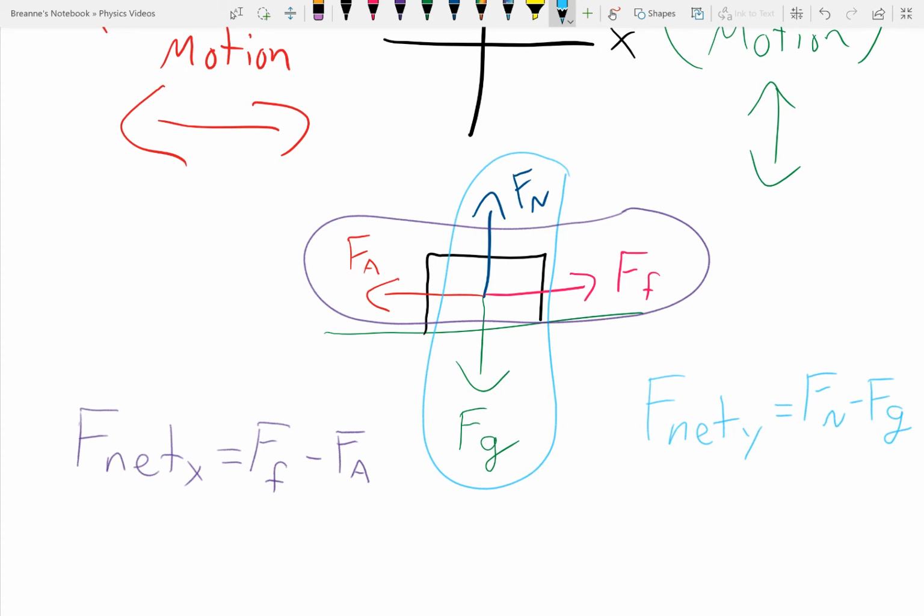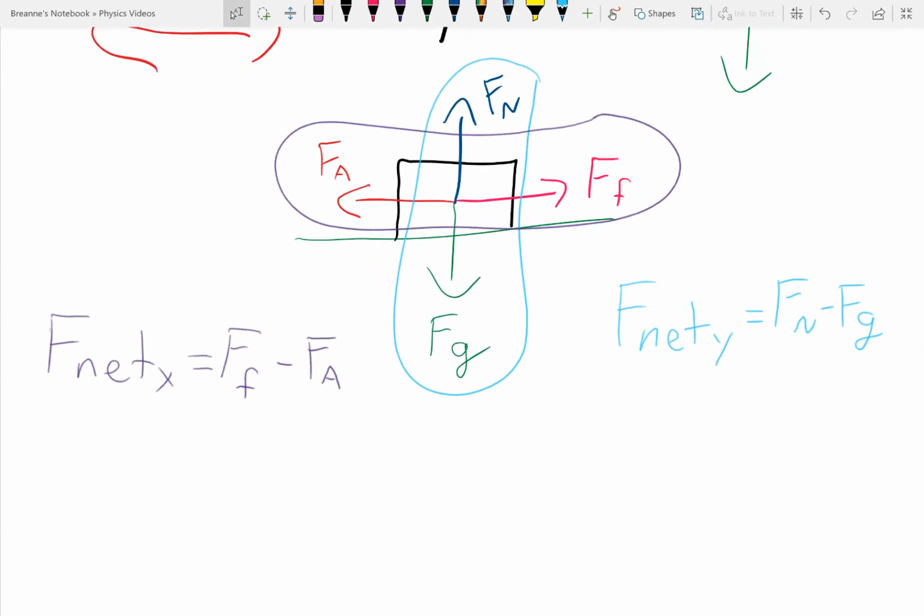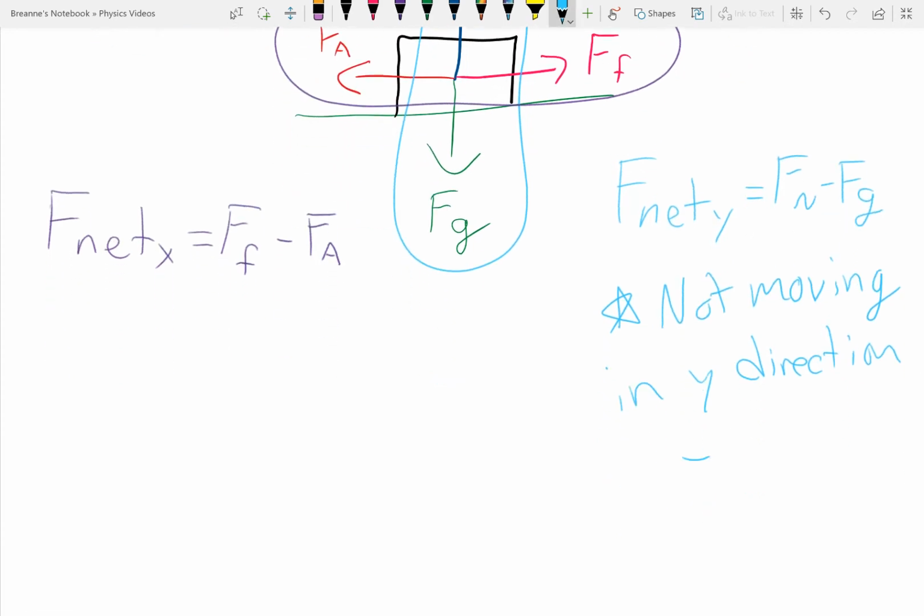Is it moving in the y direction? Is it moving in the x direction? In all the problems on our test, it's not going to be moving in the y direction. So since it's not moving in the y direction, it's not moving up or down. So the net force in the y is 0 newtons.